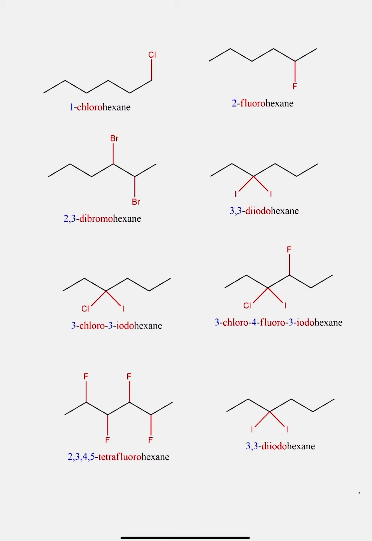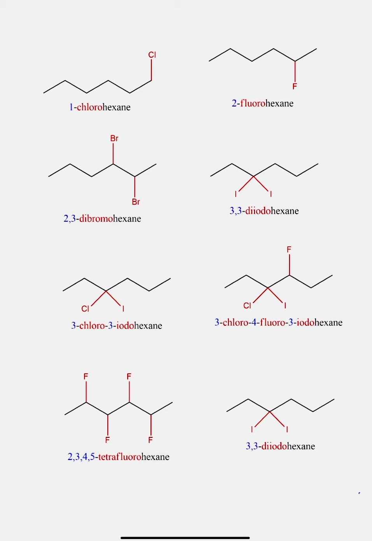But here we stick to the nomenclature. Whenever you have a halide as a functional group, the naming is done by writing halo in front of the suffix. For example, if you have chlorine, you write chloro, bromo for bromine, and iodo for iodine. That is how naming is done for halides.